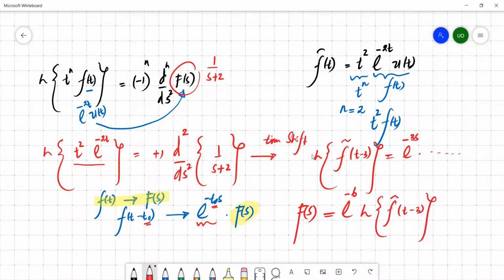This can be easily derived by finding the root function, and then you can decide what operations we apply on top of this to obtain this f(t).